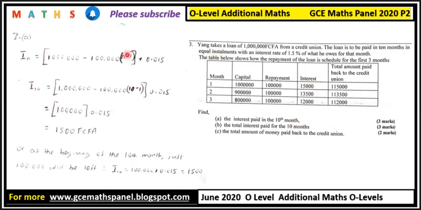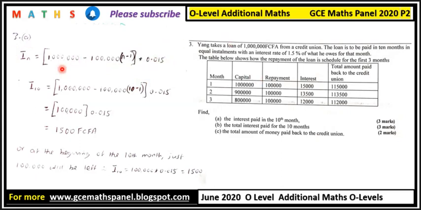So to do it in a more detailed way, for each month, the interest is given by what he owes that month. So for the first month, he's owing $1 million, and nothing has been paid.